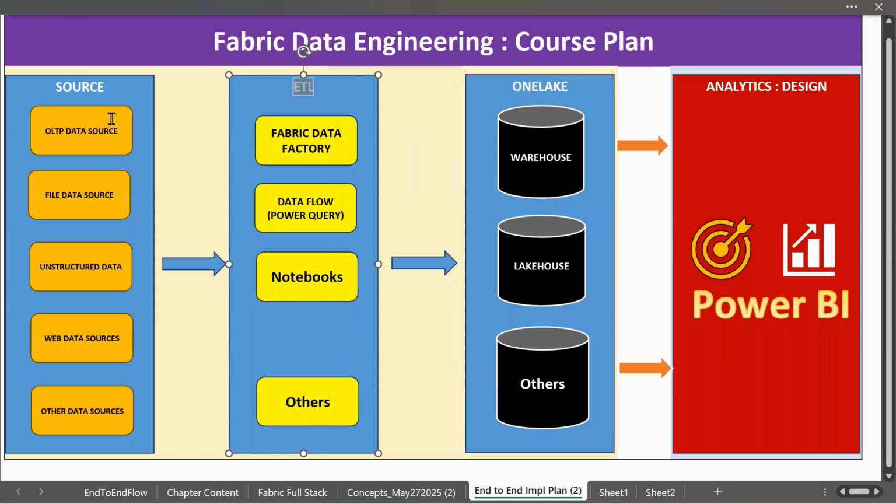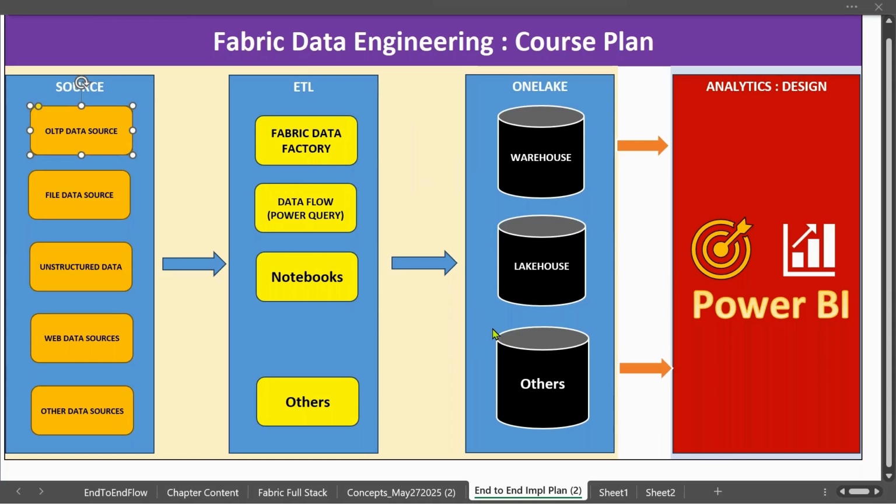Extract data from various sources. It can be databases, files, anywhere, everywhere. You can get data from any data source. For example, you get data from files, databases, unstructured, semi-structured data, or you can get data from web applications.